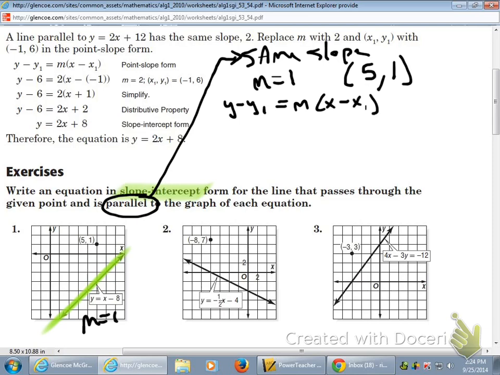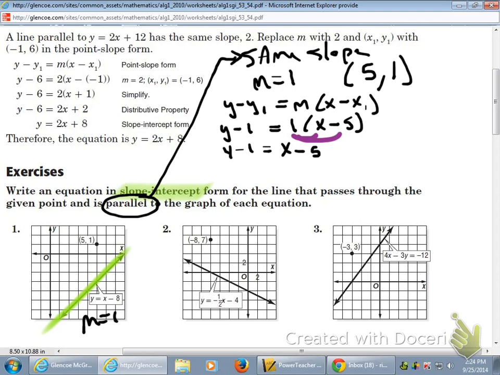So some of you are good at point slope form. Let's fill in the blanks. y minus 1 equals 1 times x minus 5. Correct. So there's my point slope form. Nice job. And now I just need to change that over into slope intercept. So a little distributive, and I've got y minus 1 equals x minus 5.